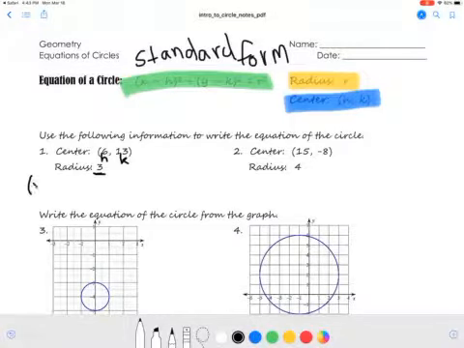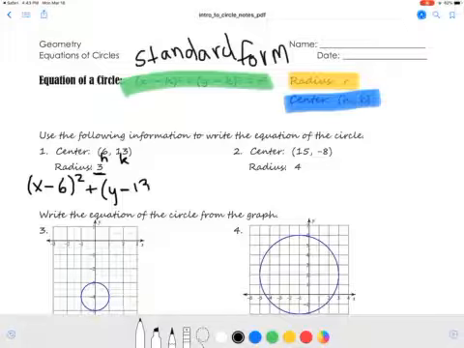So parentheses x, now keep in mind here, x minus, and then I'm going to input that exact number, 6, parentheses squared, plus parentheses y minus k, just 13, squared, equals. Now notice this right hand side is r squared, so I'm going to put 3 squared, which we all know is 9. So I'm going to simplify this by writing it just as 9.